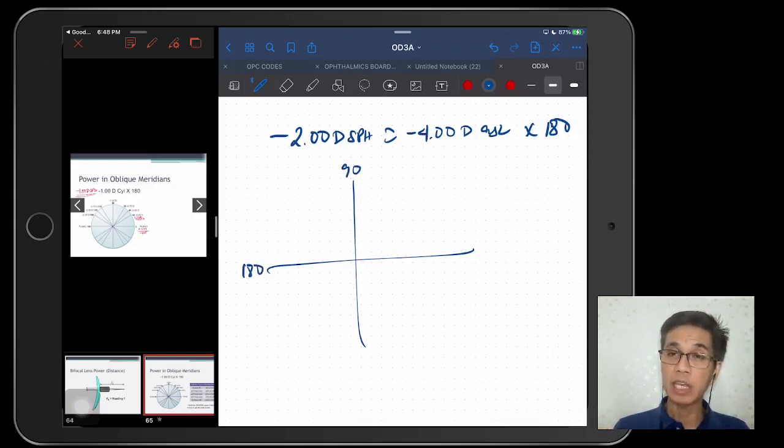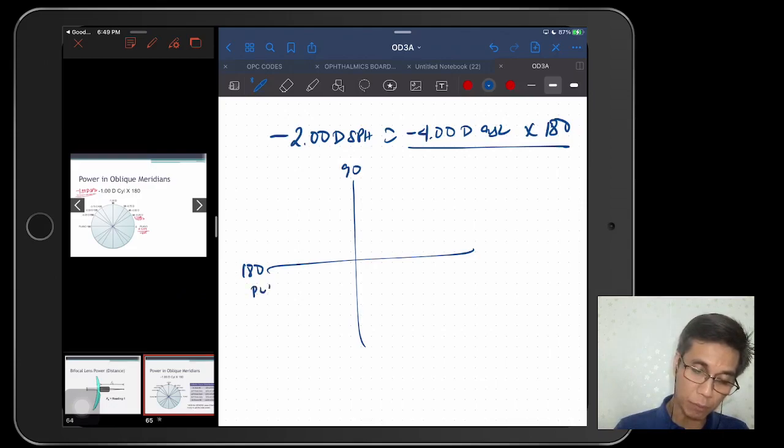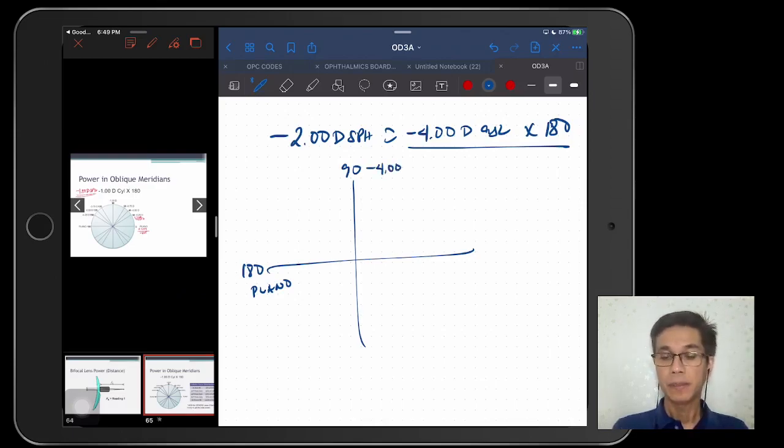Actually, sorry, not combined. That will be equal to the power of the sphere. Kasi, ano bang tinatanggap ng axis meridian sa minus 4 diopter cylinder axis 180? Ang tinatanggap niyan ay plano. Nasaan ang minus 4? Nandun sa may 90th meridian. Minus 4. Pero, sabi natin, may binabahagi din naman ang spherical component.